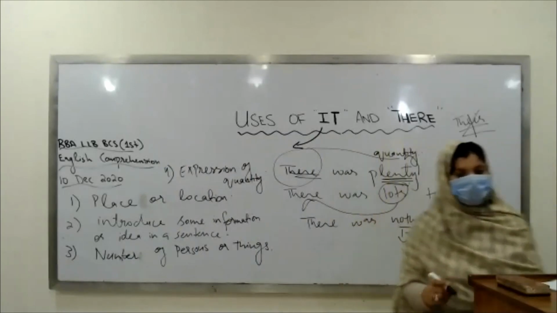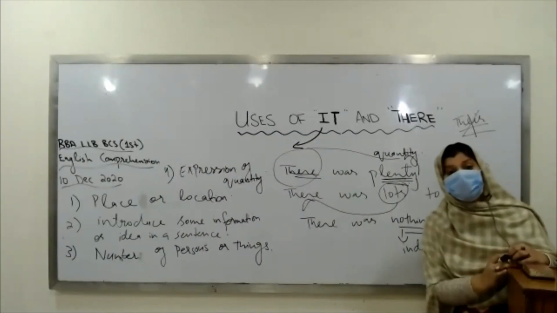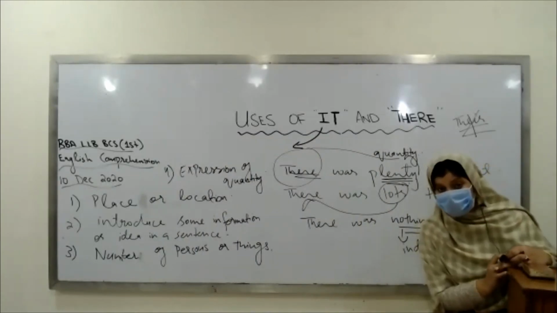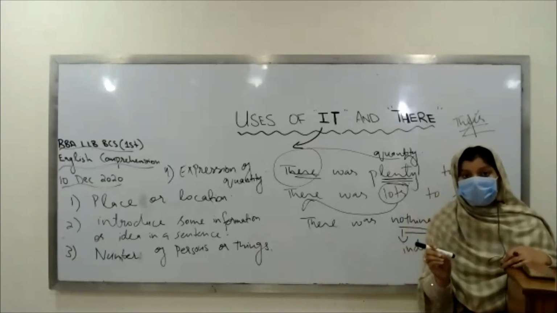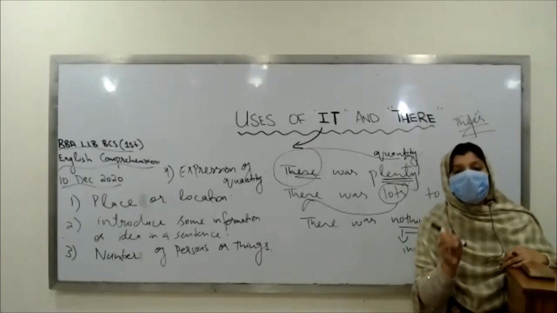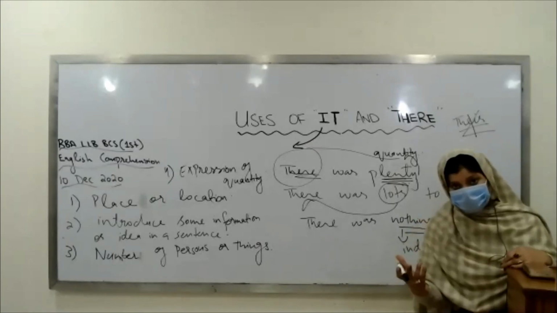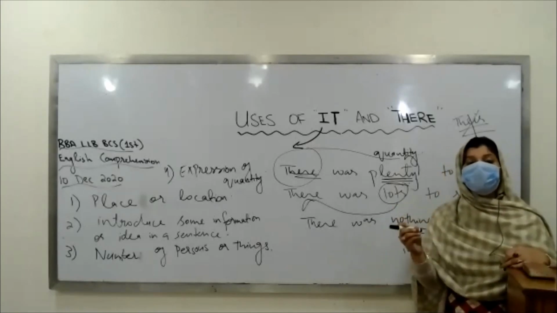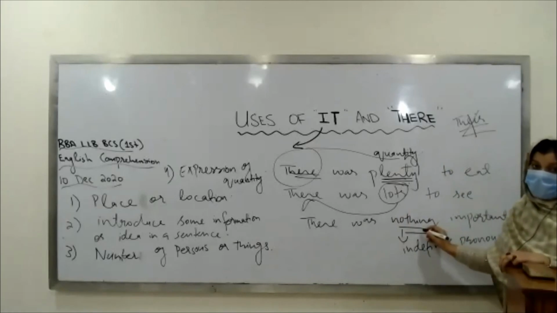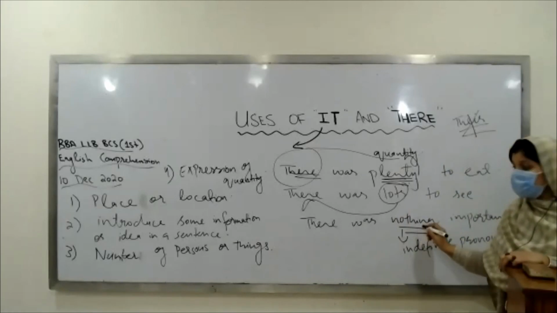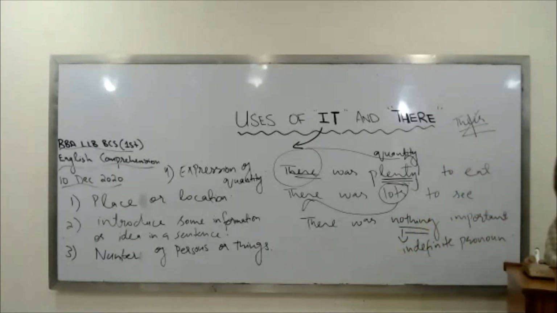Indefinite pronoun is that pronoun which you use when you are not sure about something, when you are not exact or definite about something. जब आपको कोई exact चीज का ना पता हो तो there you will use what? Indefinite pronoun. So indefinite itself is telling you that when you are not sure, because indefinite is the opposite of definite, right? So whenever you are using an indefinite pronoun in a sentence, आप वहां पे क्या use करेंगे? You will use there. There was nothing important.